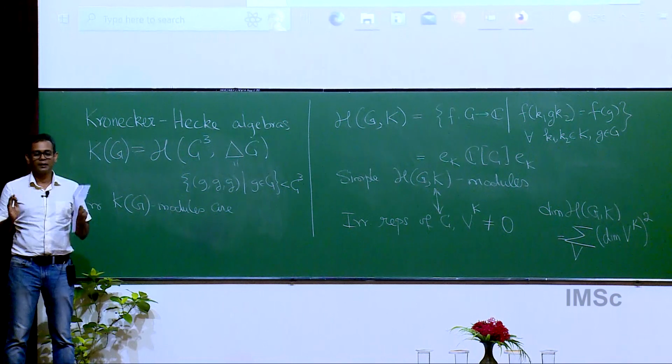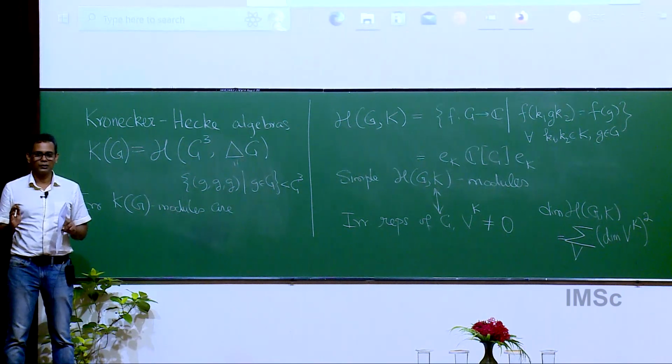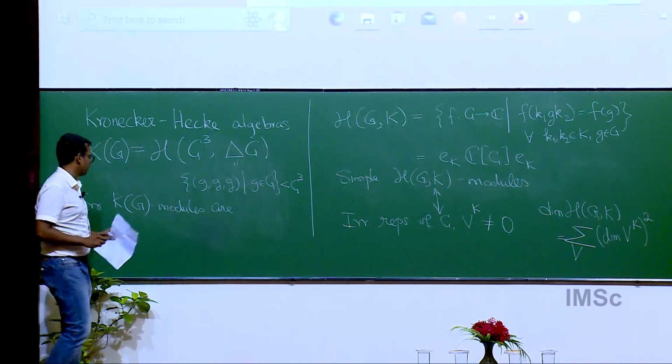Well, it's just three irreducible representations of G tensored with each other.